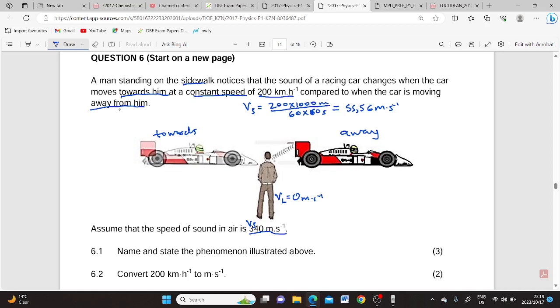Name and state the phenomenon illustrated above. So this is Doppler effect. Now they say we must state it.